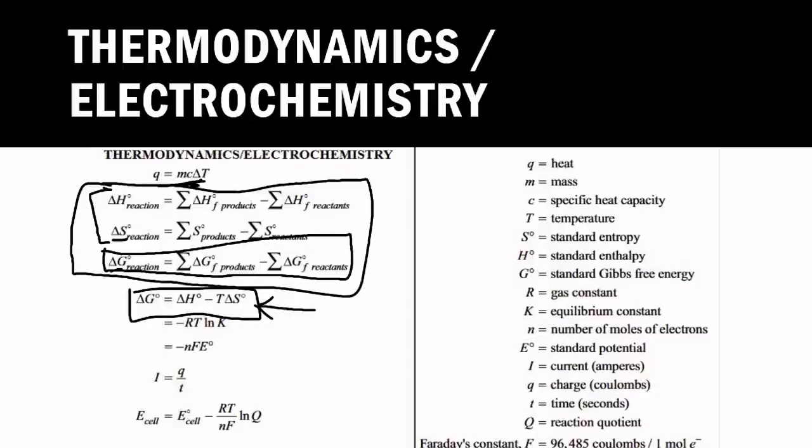Like, at what point does the reaction become spontaneous? If change in G is less than 0, that means it is spontaneous, and if it's greater than 0, that means it's not, which is sad.